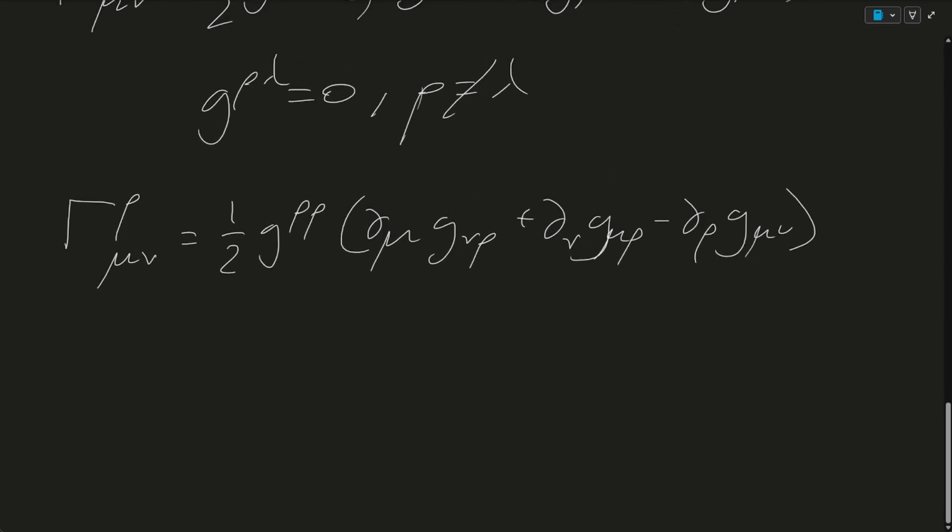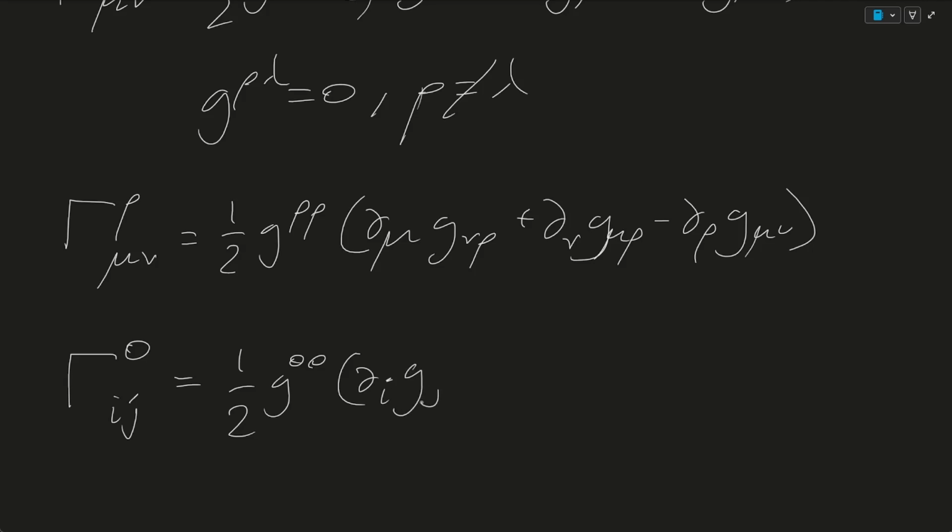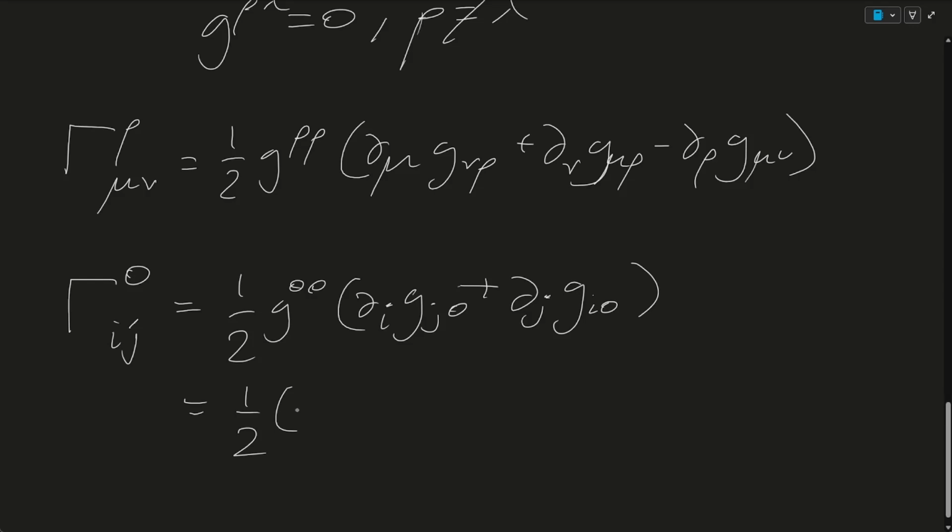So for the time-space symbols, which is i and j and then 0, it's half g 0 0 times d i g j 0 plus d j g i 0, which is half times minus 1 times 0 plus 0 minus g dot ij.